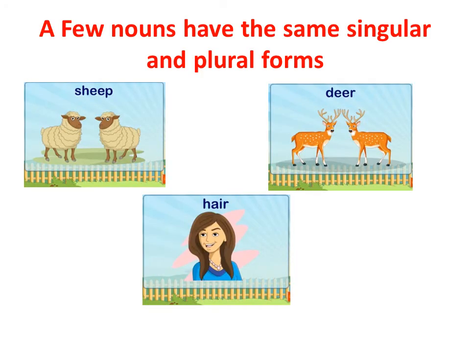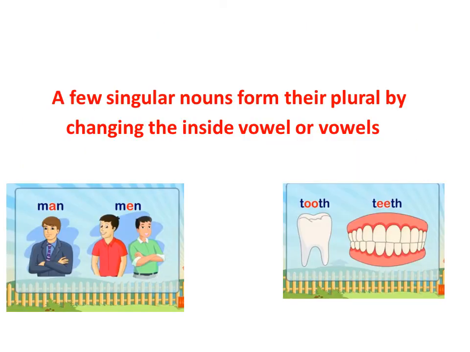First, we are going to see where to add ES to the noun to form the plural noun. So, add ES to the nouns that end in CH, SH, O, S, SS, X and Z. So the words ending with these form the plural this way.